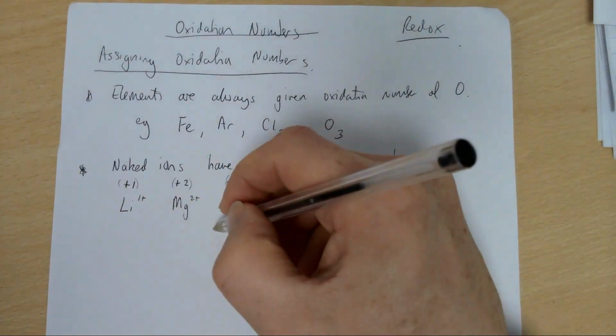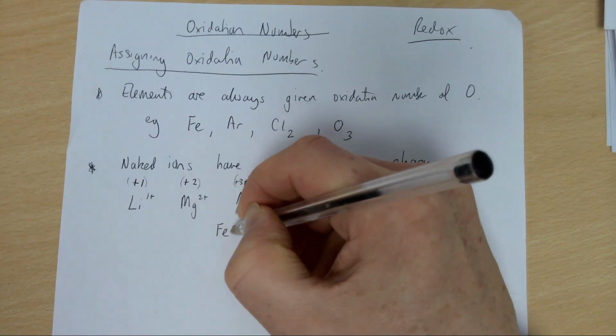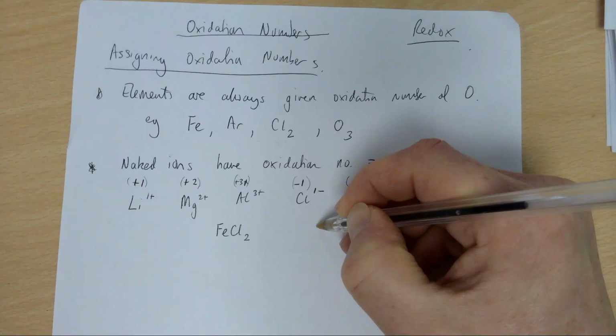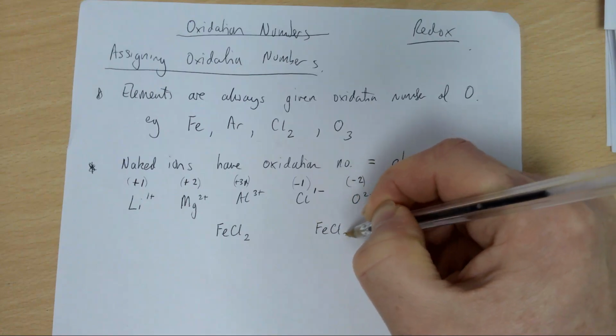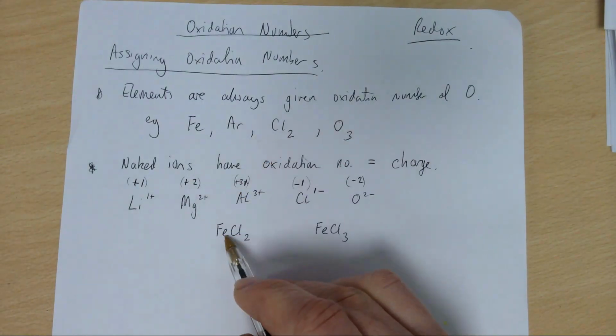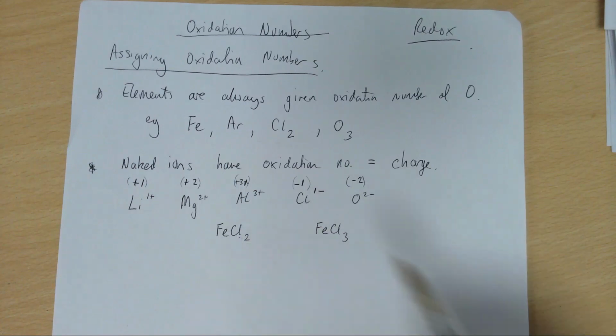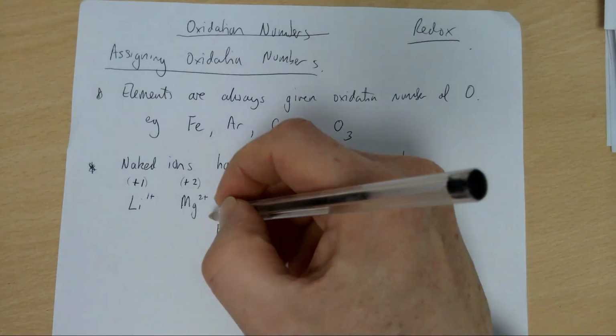So an example of that might be in iron chloride. There are 2 forms of iron chloride. Iron chloride that's got an ion that's a 2+ ion. We don't normally write the charge when writing it as a compound, but because each chloride is of course -1, the charge of that ion must be 2+.